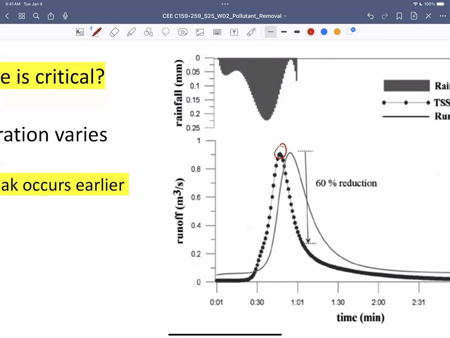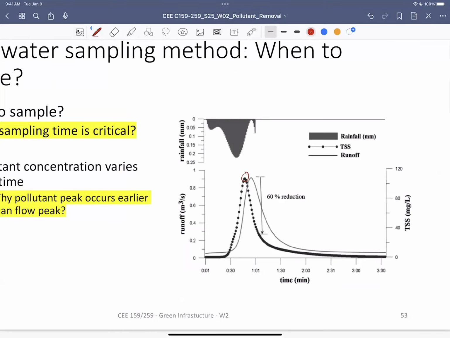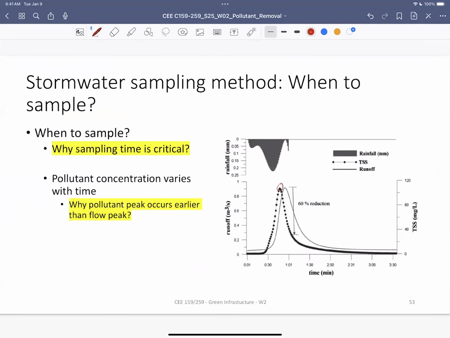As more water comes, it becomes more diluted. The source becomes depleted with time, and at the same time the volume of water increases with time. That means the peak of the pollutant will happen much before the peak of discharge because of less dilution effect. So that's why a lot of times you might see the pollutant peak appear well before.